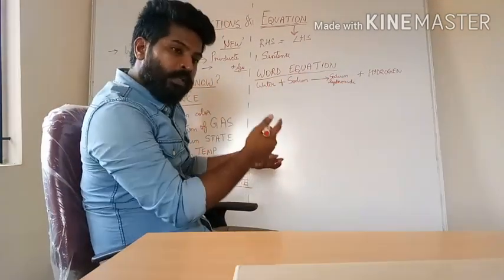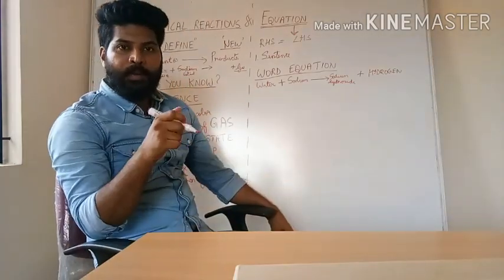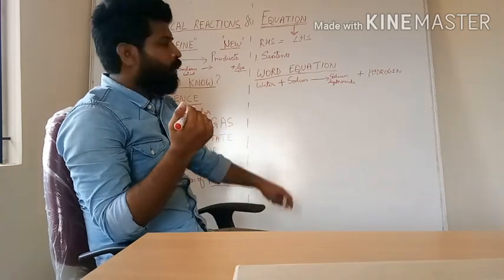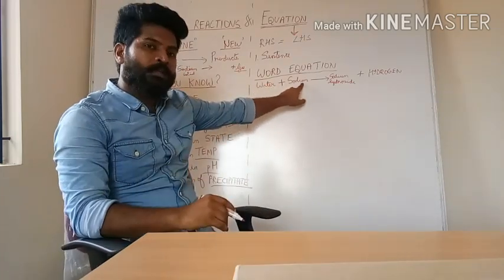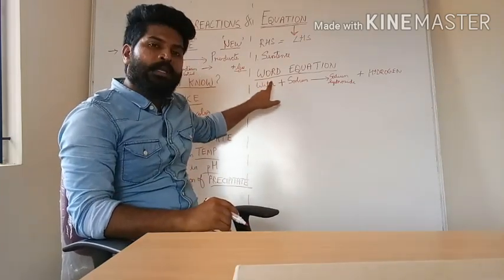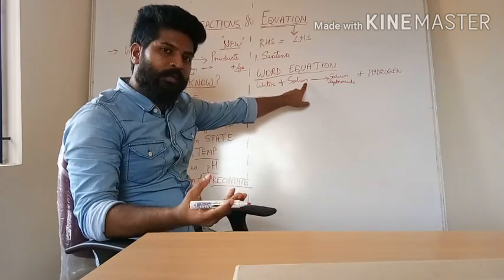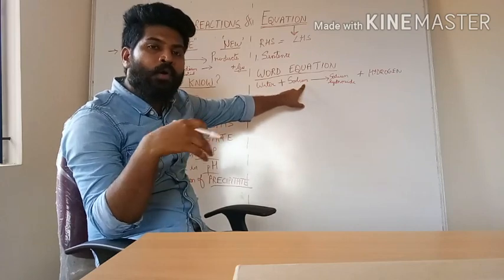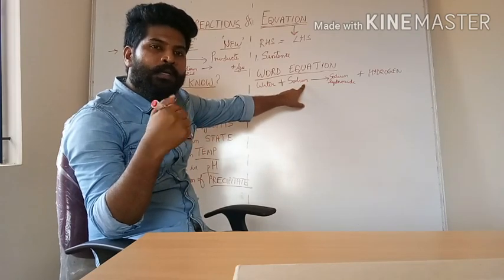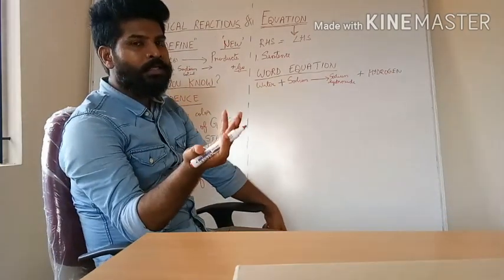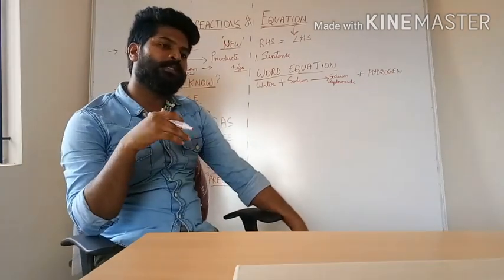We can further simplify this equation. We can make it much easier to understand. How? Instead of these words, we know these are all chemical compounds or elements, right? And we know that every element or compound can be described using a chemical symbol, as we have already learned in class 9.